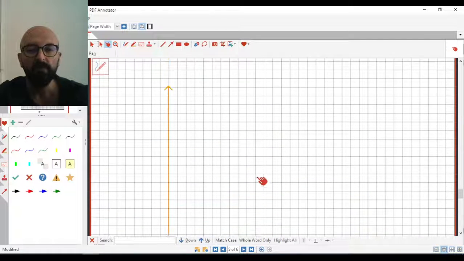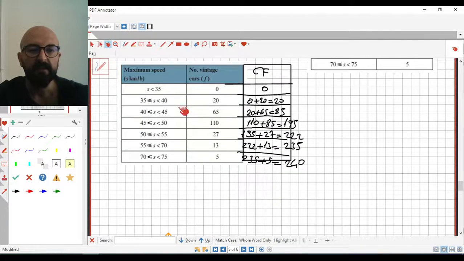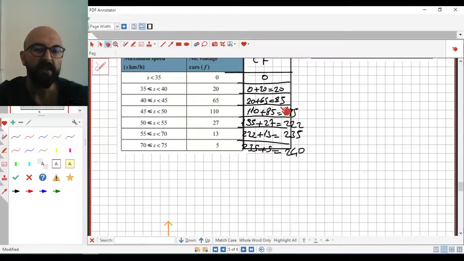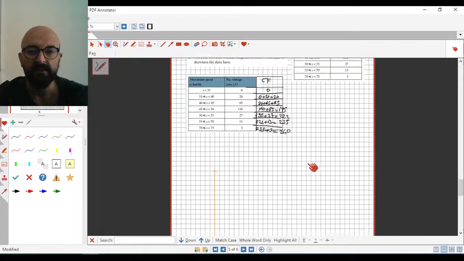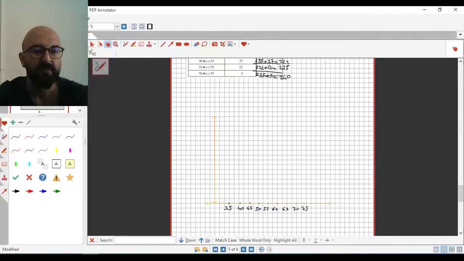Now on the y-axis, we have 20 cars, 20, 85, and 100, 195.